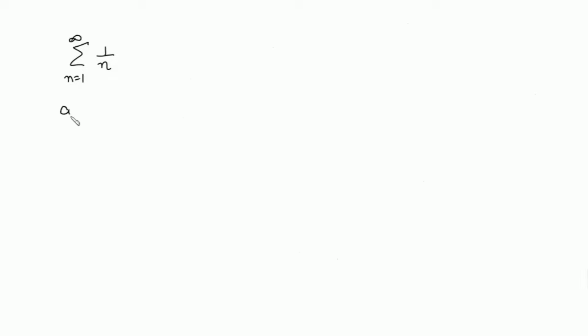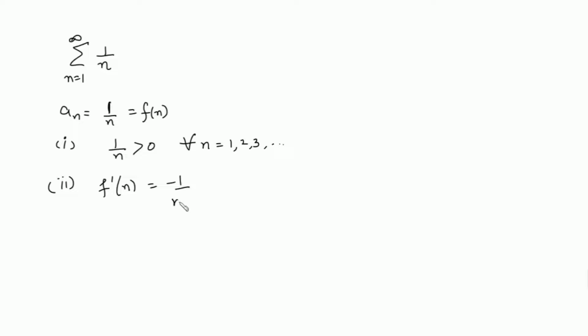Again you can write a_n, which is 1 over n, as a function. Now here all the terms are strictly greater than 0 for n varying from 1, 2, 3, and so on, so your sequence terms are positive. Secondly, you can find its derivative, which is minus 1 upon n square, and which is always strictly less than 0 for all n varying from 1, 2, 3, and so on, so your function is decreasing.